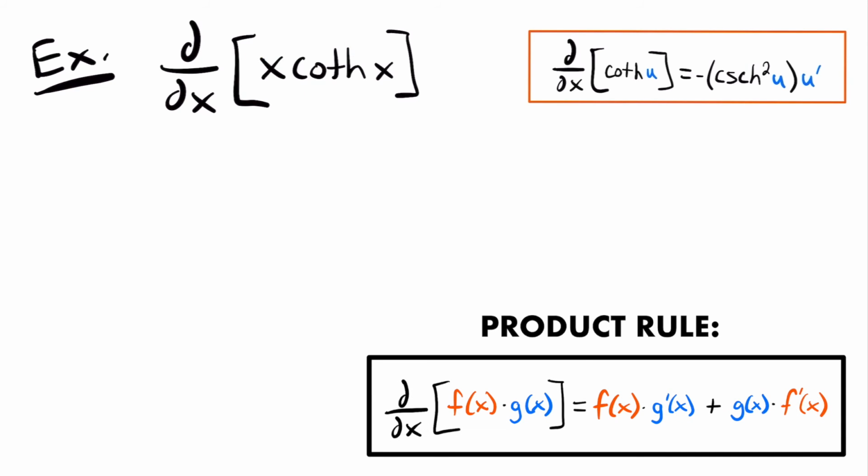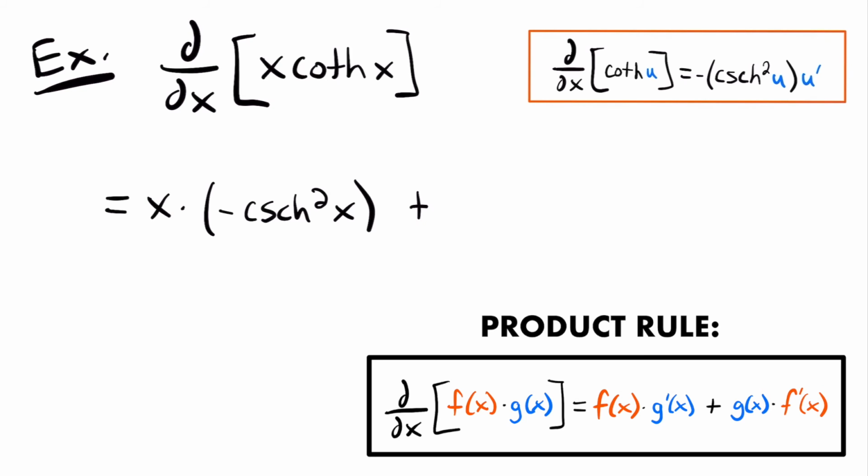But what we'll have is that this is equal to our first function, x, times the derivative of our second function, which will be the derivative of hyperbolic cotangent, and that is going to be negative hyperbolic cosecant squared x times the derivative of x, which would just be 1, and so we don't need to write that.